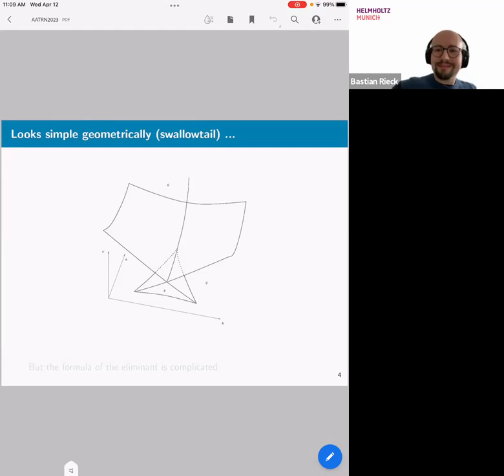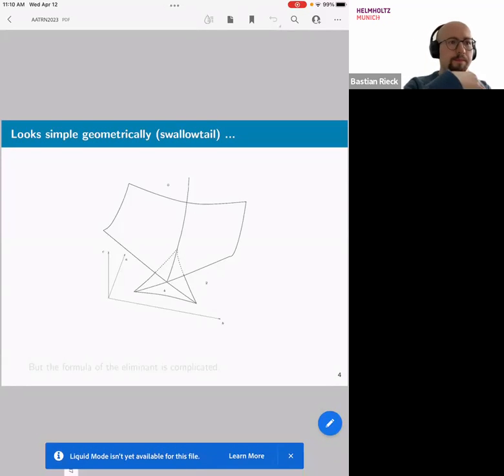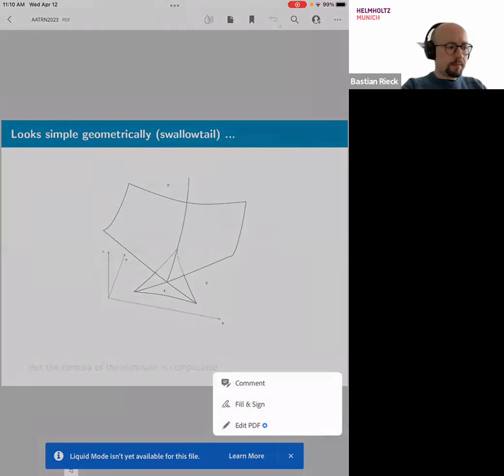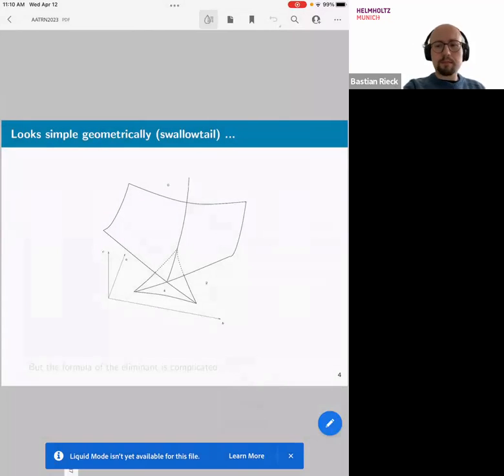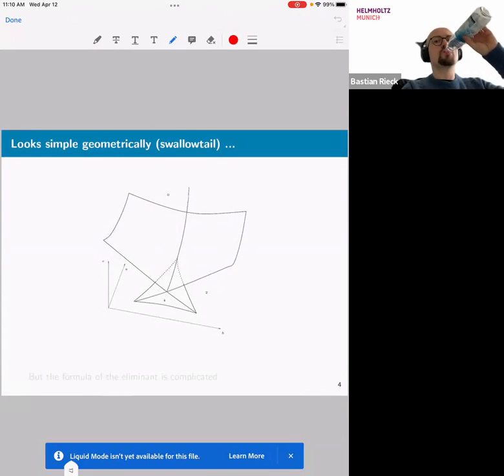And if you look at it carefully, the complement of the discriminant is disconnected, and the various regions are labeled with the number of real roots. So inside this triangle here, let me try once more. Oh, it is working. Okay, good.